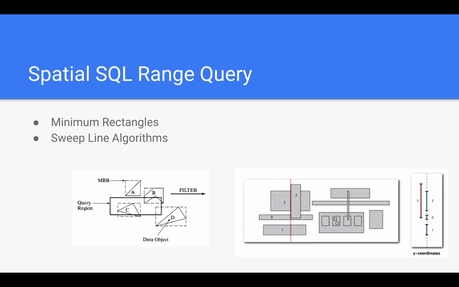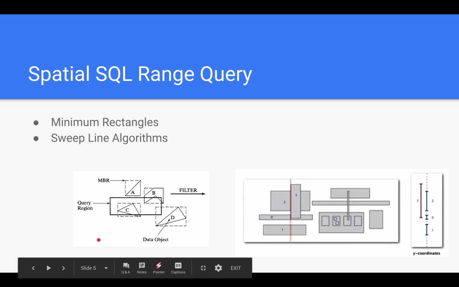In order to do a range query in Spatial SQL, we first need to minimize our search space, so we need to do some filtering. For each dataset, we will first find the minimum rectangle.